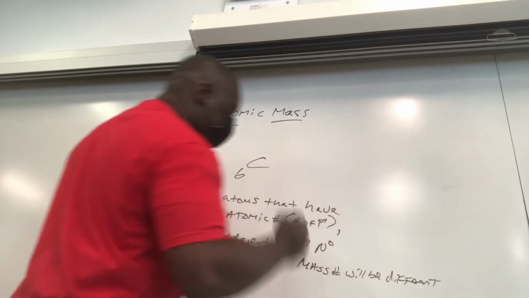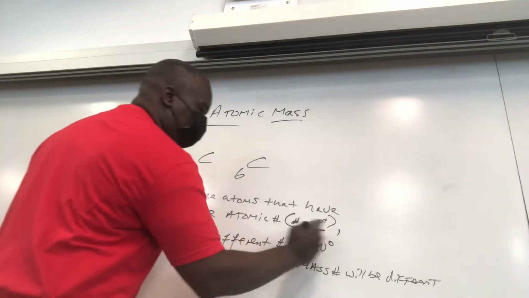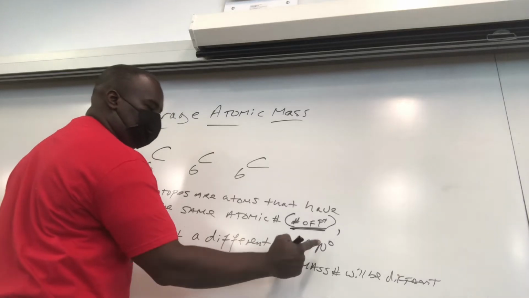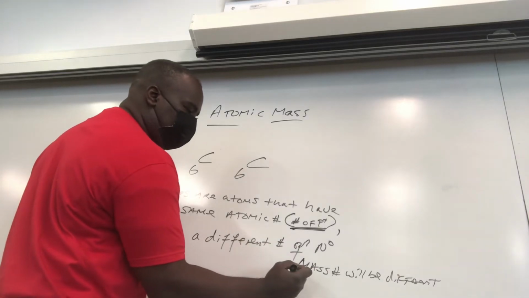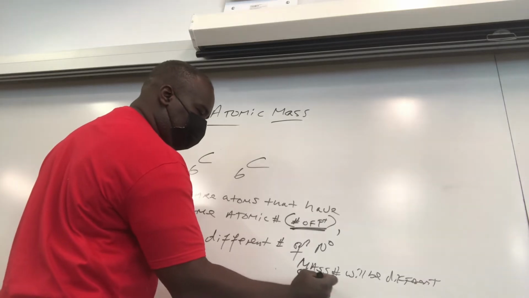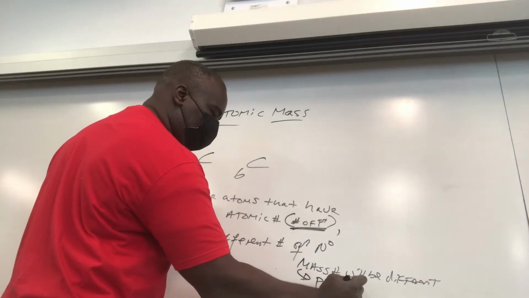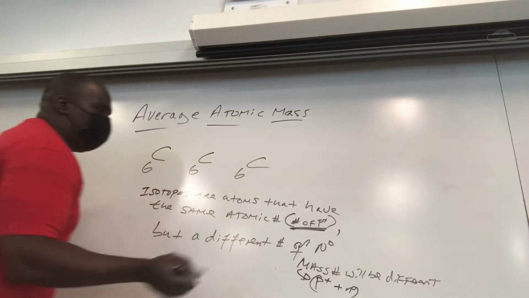So they have the same number of protons, but because they have a different number of neutrons, their mass number will be different. And remember, the mass number is made up of the protons and neutrons. So what could happen, guys?